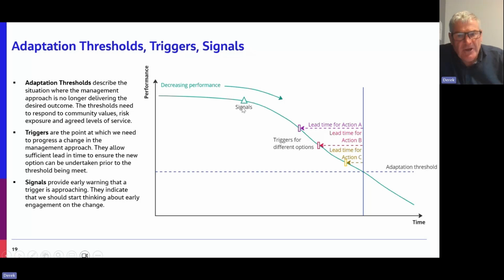And our signals are a group of signals that tell us that we are approaching the time that we need to take some sort of action. They're an early warning device. So when you hear the words thresholds, triggers, and signals, this is the process we go through to know when we change action.